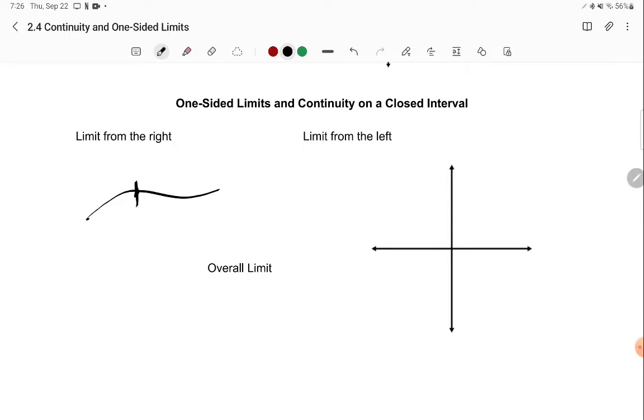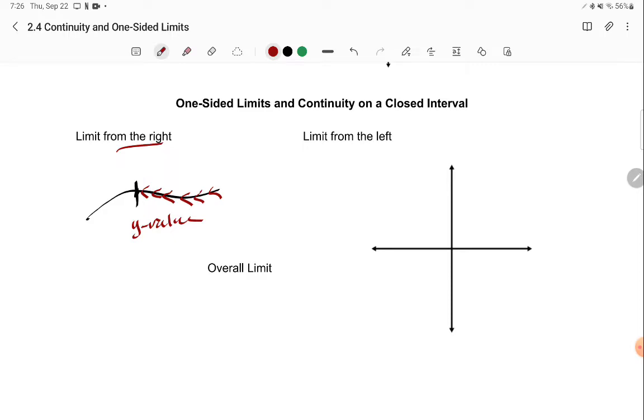If it's the limit from the right, that means you're coming from the right to that point, and you're studying the y value. It's as x approaches, but it's always the y value. So when you're looking at limits, you're looking at, as x approaches this, what is your y value?